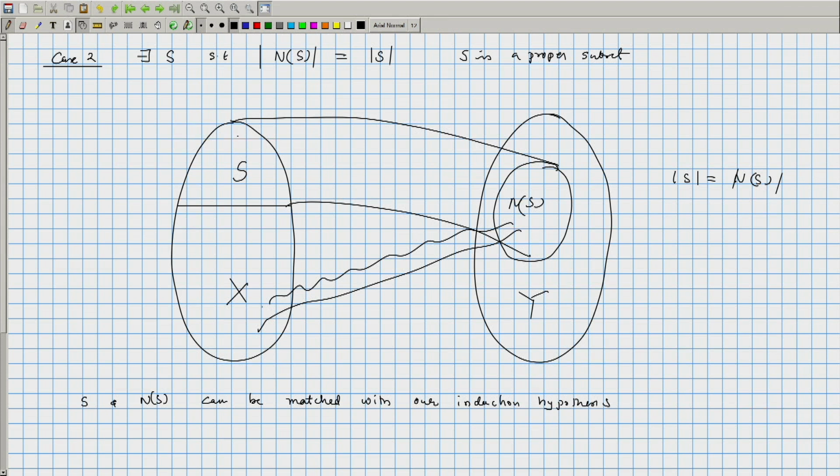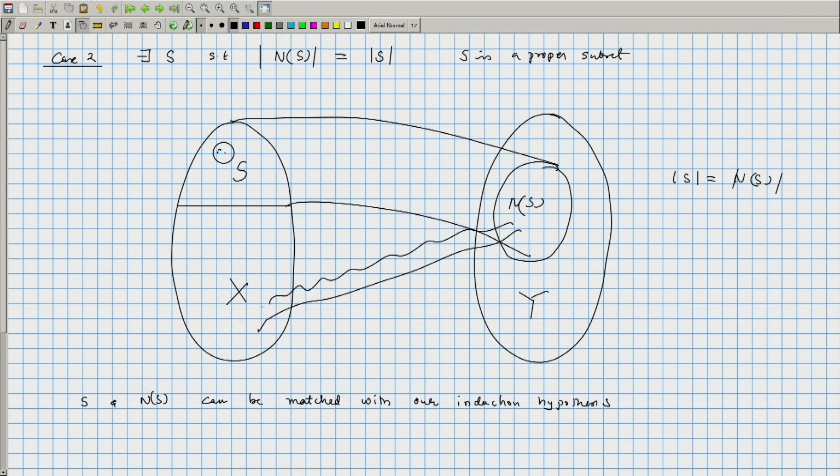If you look at any subset of S, all its neighbors are going to lie in NS, because NS was the neighbors of the entire set. Because of our condition that every subset had at least as many neighbors as its size, we know that every subset will also satisfy this property.